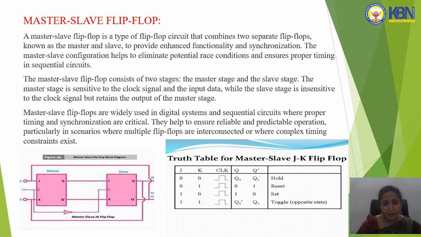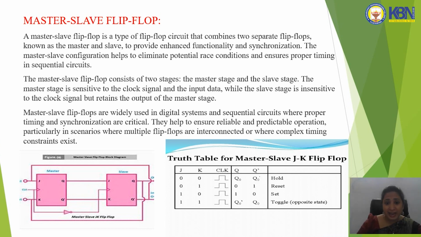For one flip flop we used different types of gates, but here master slave flip flop means a combination of two separate flip flops known as master and slave. Master controls the overall process. Slave acts as input as well as output, under the master. So the main controller in this flip flop is the master.